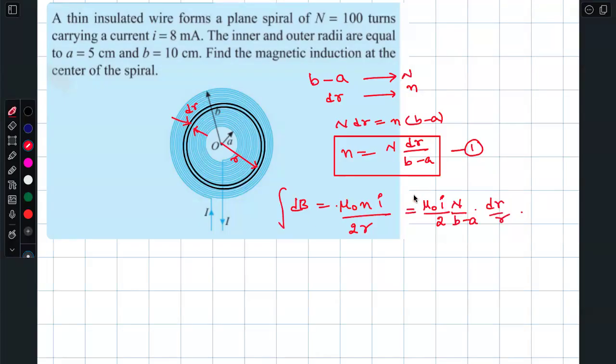You do the integration part. Your r extends from a to b. Therefore, B is mu naught I N by 2 times (b minus a) times log e of b by a. So that is the expression.